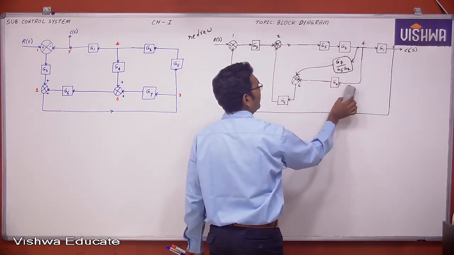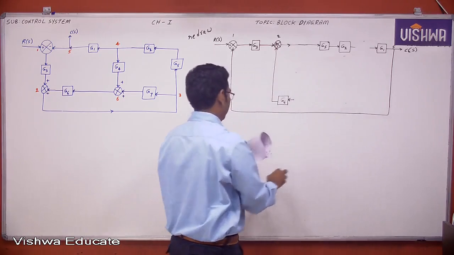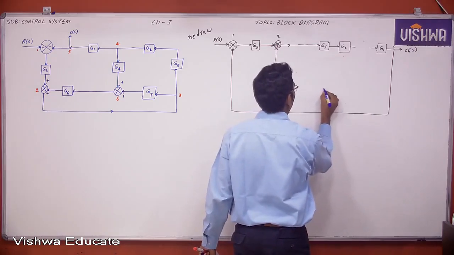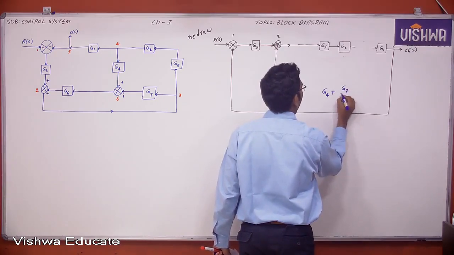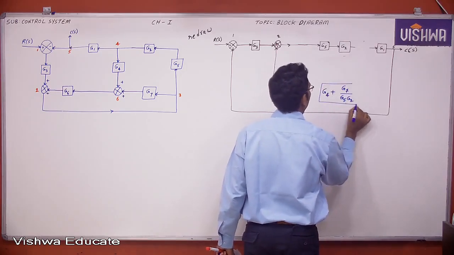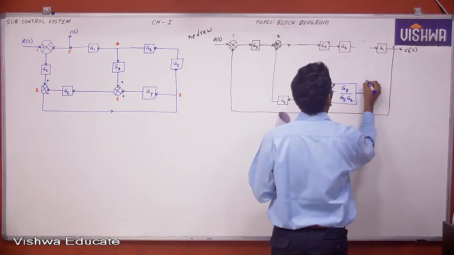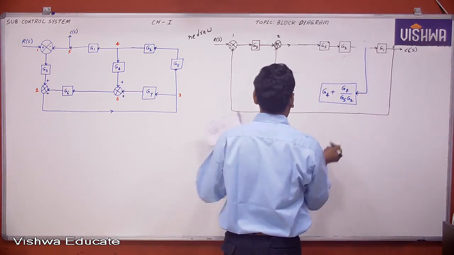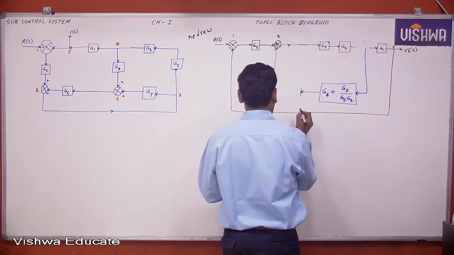If these 2 paths, G4 plus G7 by G5, G2 means, if you see here, now this block is separated, and this is G4 plus G7 by G5 G2. Now G6 is here.